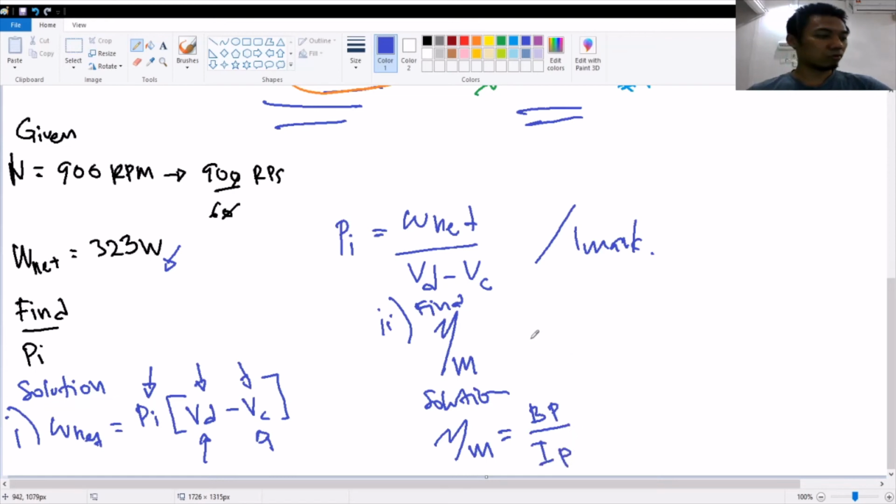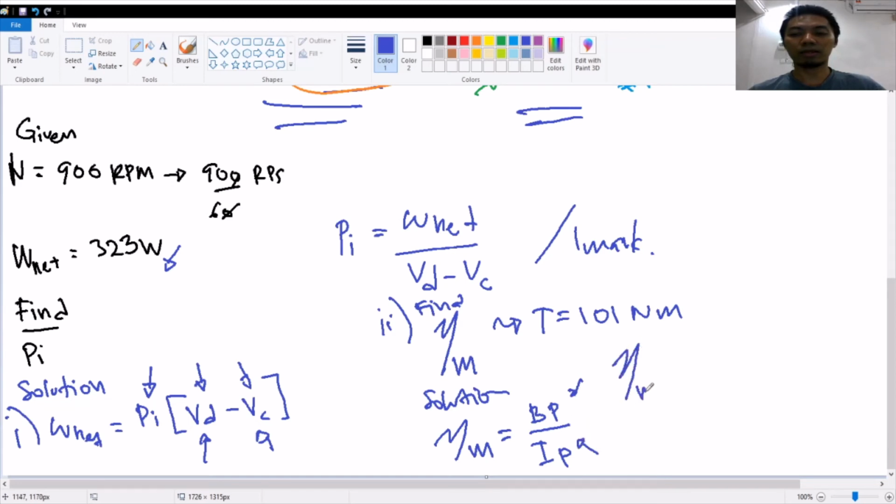I forgot to tell you that the question gives another extra piece of information, with torque equal to 0.1 Newton meter. So you can simply find the mechanical efficiency by finding the BP and IP, right?